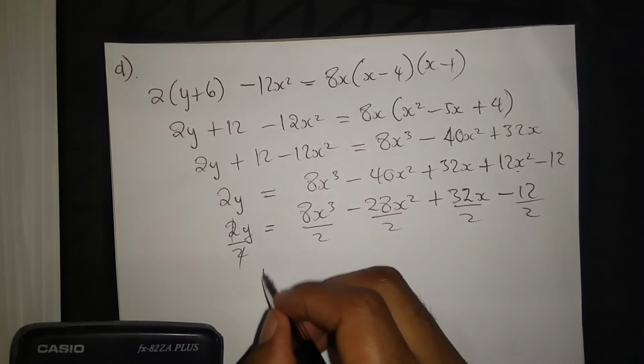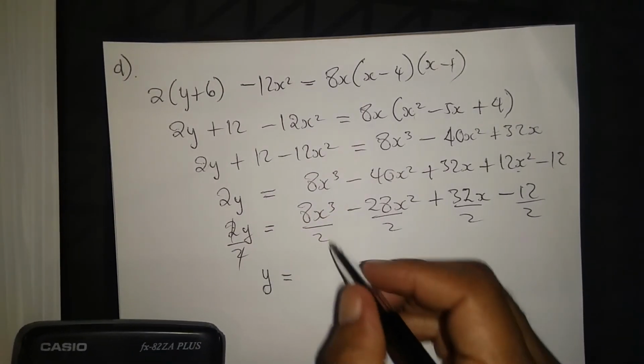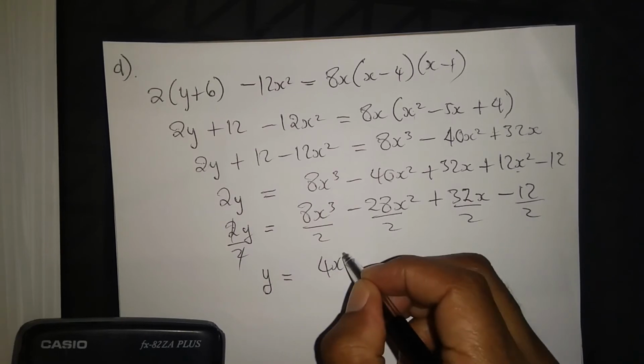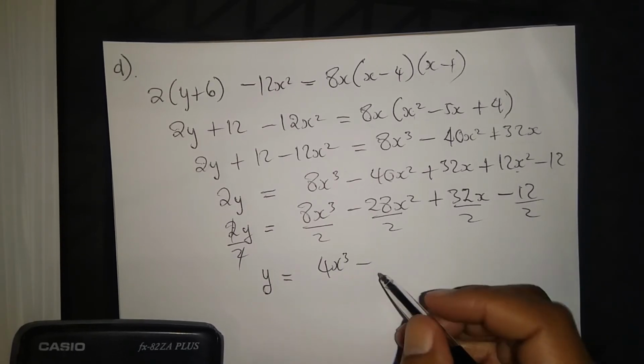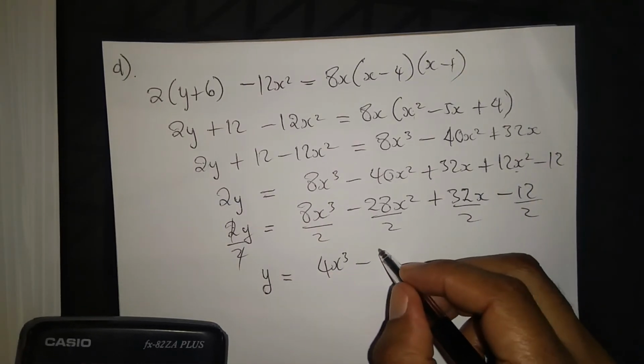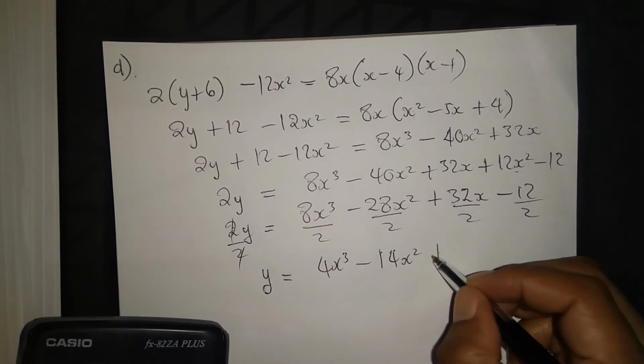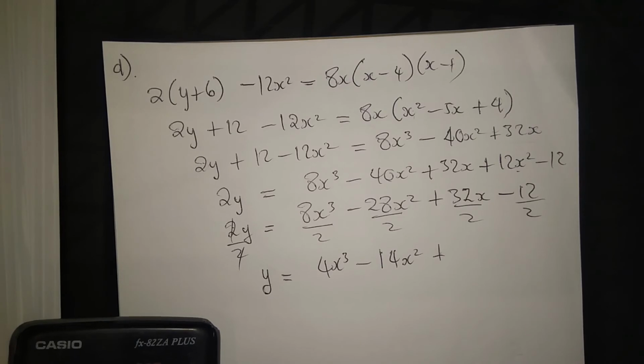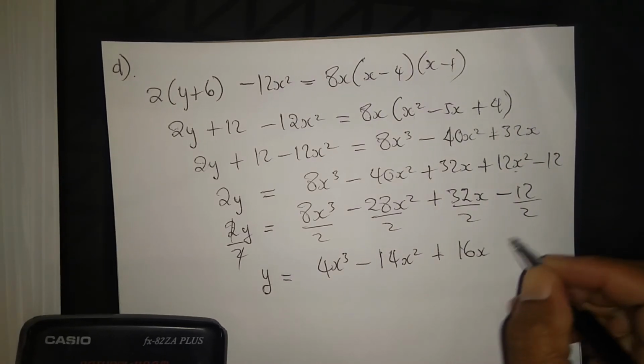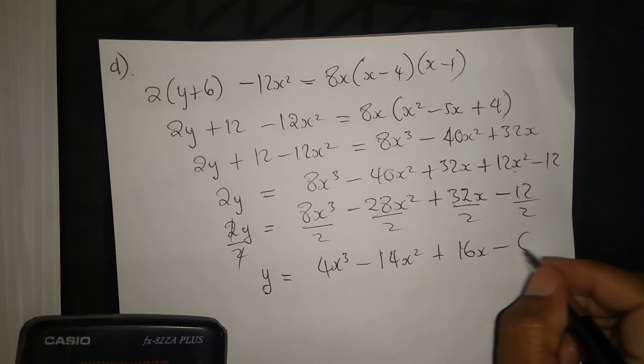Why am I dividing by 2? Because I need y only. So therefore it's 4x cubed minus 14x squared plus 32 divided by 2 is 16x minus 6.